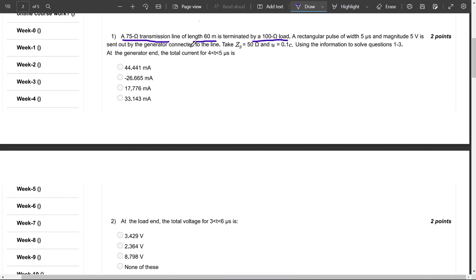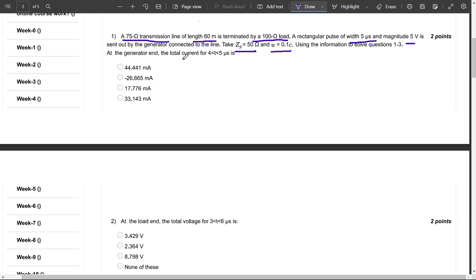A rectangular pulse of width 5 microsecond and magnitude 5 volts is sent out by the generator connected to the line. Take ZG equals 50 ohms and the speed of the wave is equal to 0.1 c. Using the information, solve questions 1 to 3.